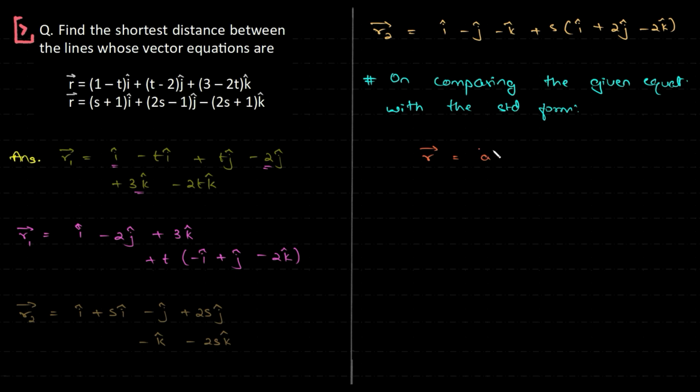R is equal to the position vector plus lambda times the parallel vector. So we have line 1 to be of the form A1, which is this, and this is our B1: minus i cap plus j cap minus 2k cap.